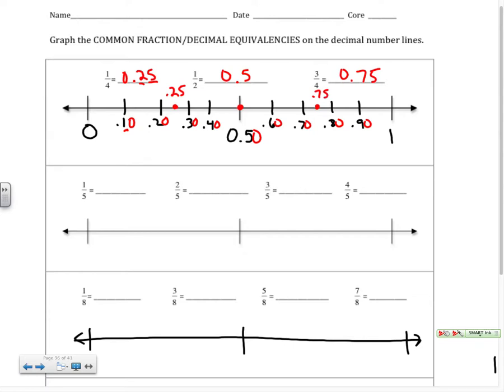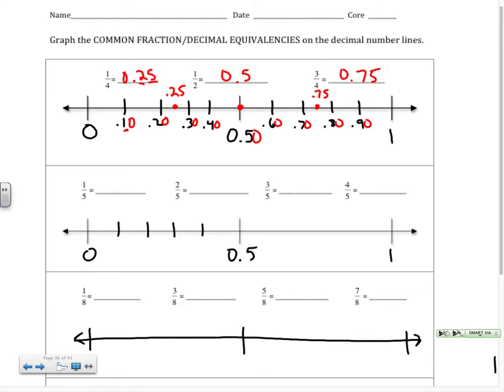Okay, let's take a look at the other common fraction decimal equivalencies. Let's first start by, again, making the marks on our graph. So 0 to 1, and 0.5 is in the middle. That's 1/2. We want to split this into 10 equal sections. So if I start between 0 and 0.5, I'll make 4 marks. 1, 2, 3, 4.